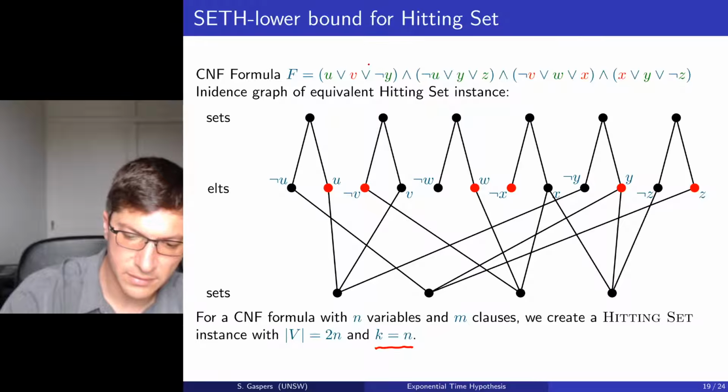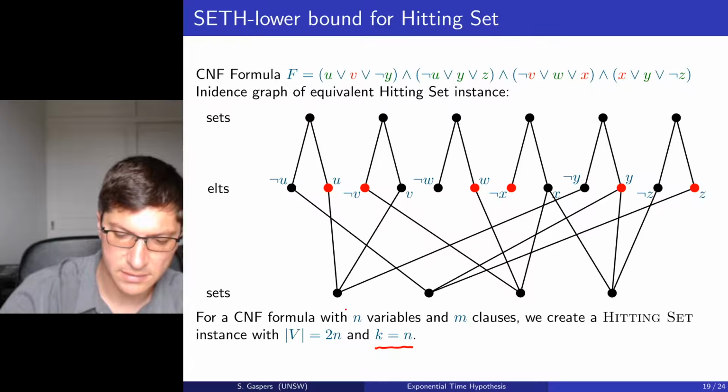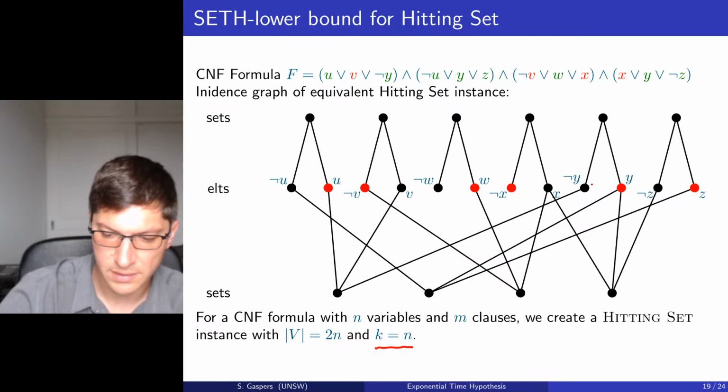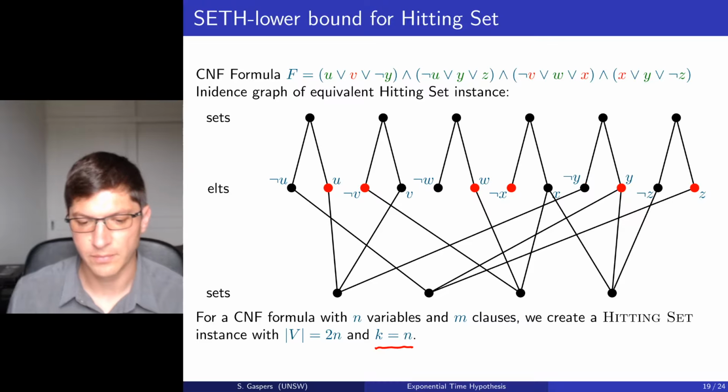And that's why for every clause, we will add a set. And this set contains exactly the literals that occur in this clause. So for the first clause here, we will add a set that contains the elements u, v, and not y.